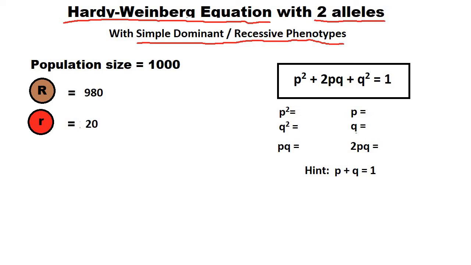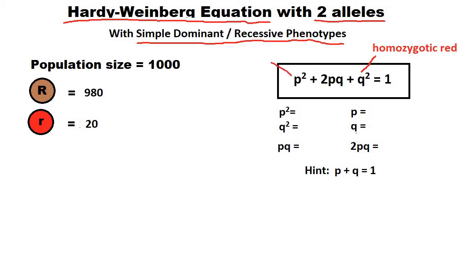So, if we look over here at the Hardy-Weinberg equation, the q to the power of 2, q squared, is going to represent those who are homozygotic red.